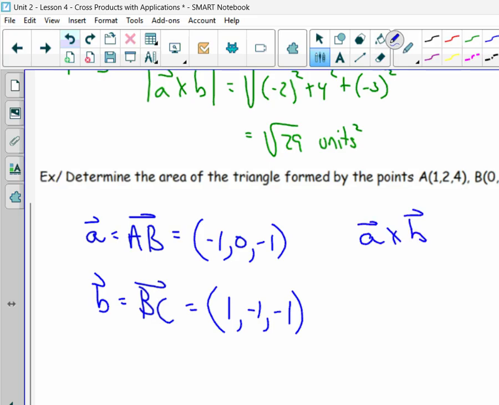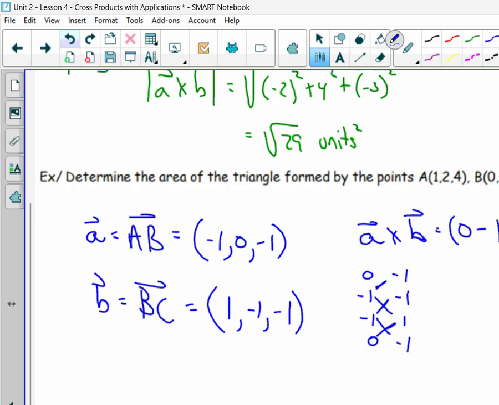Same old thing. So A is these numbers, B is those numbers. We'll crisscross them. So 0 minus, be careful with signs here this time, 1. Negative 1 minus, that's a positive 1. Positive 1 minus 0.